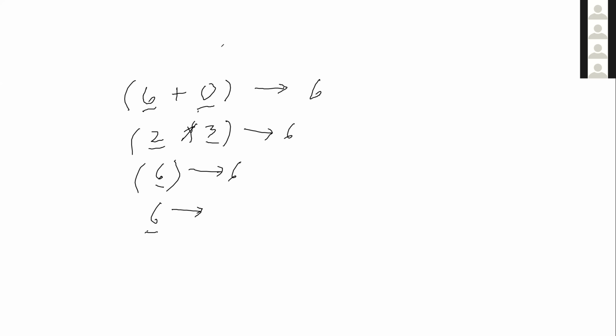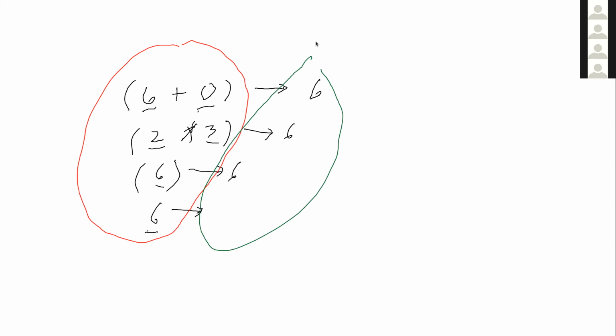The things over on this side are A expressions, and the things over on this side are integers. I know that dark green is almost like black, but whatever. These over here are integers, and these over here are A expressions.